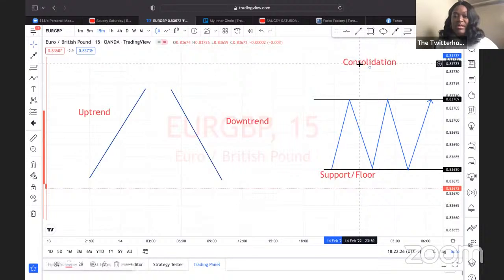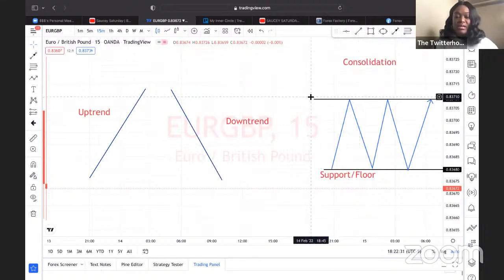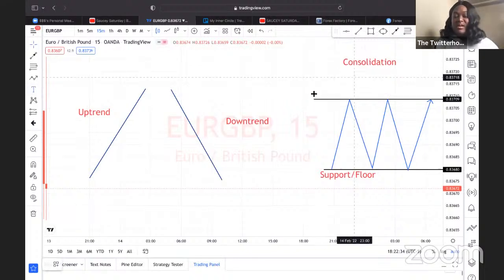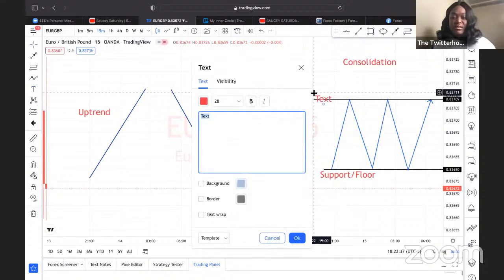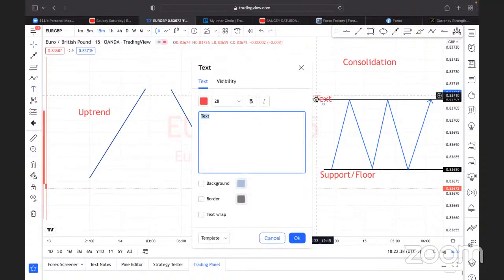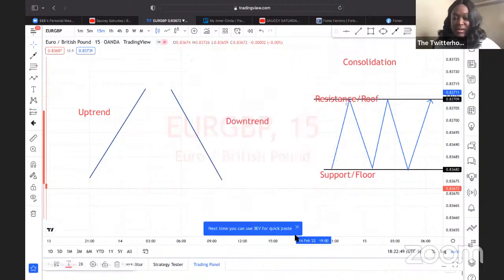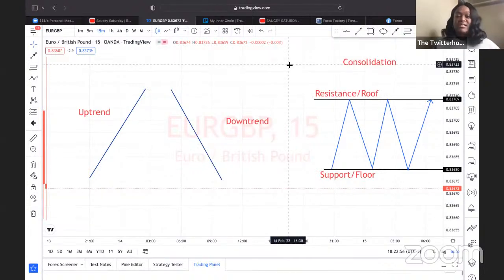Let's move this up here. And up here, what's it called at the top? Resistance, fence or the roof. Or the roof. Exactly. Perfect. Awesome.